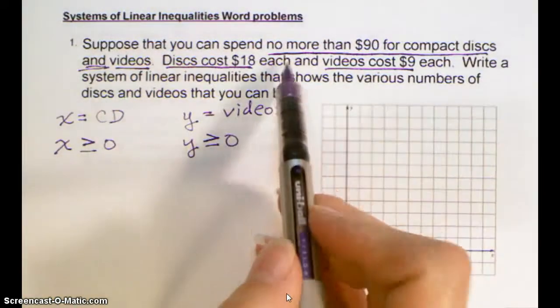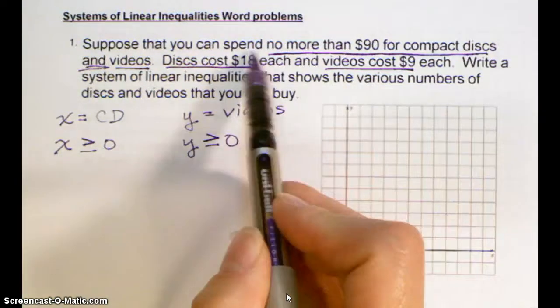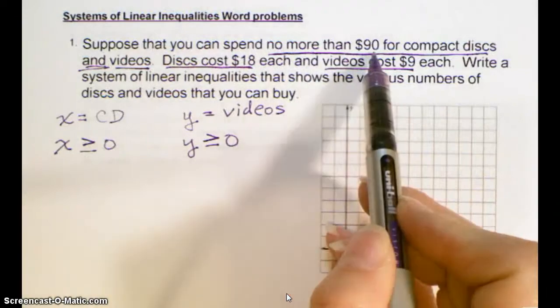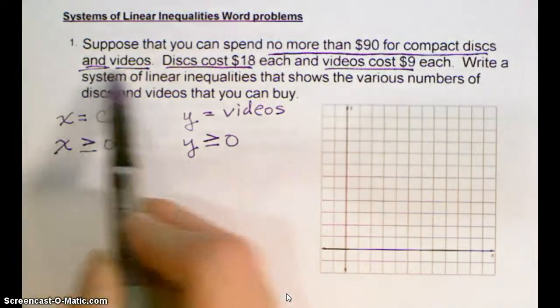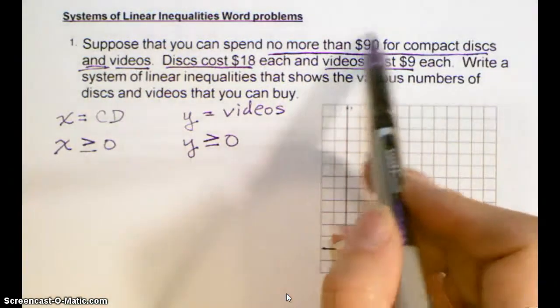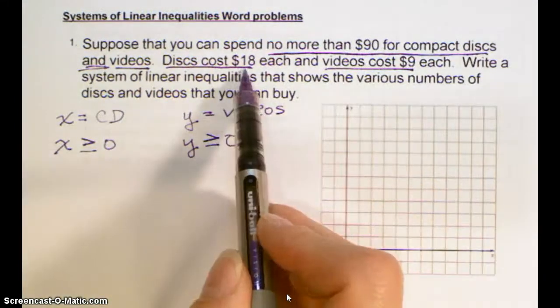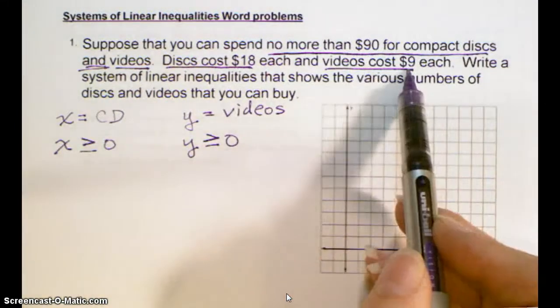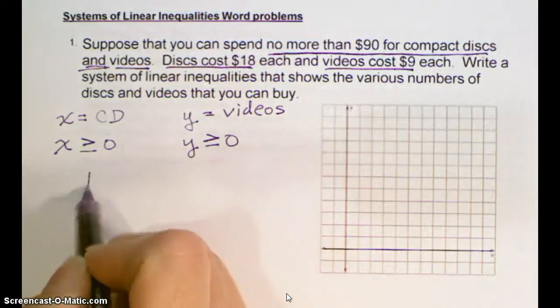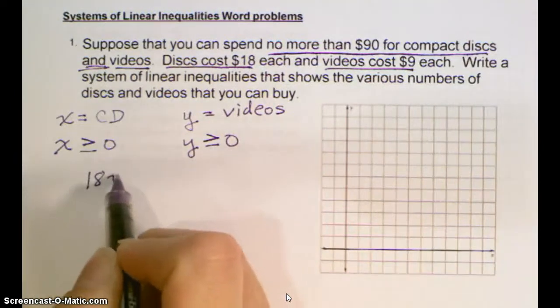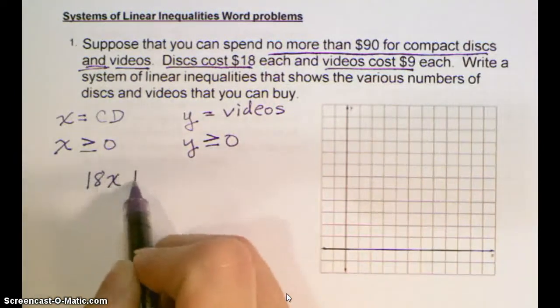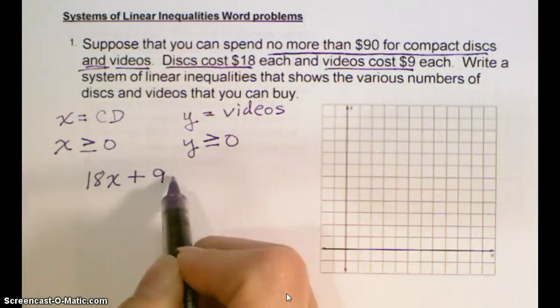The next relationship says, I can spend no more than $90 for both compact discs and videos. So we're talking about a money value here. Discs are $18 each and videos are $9, so $18 per CD and $9 per video.